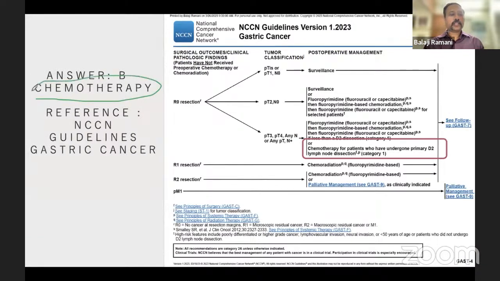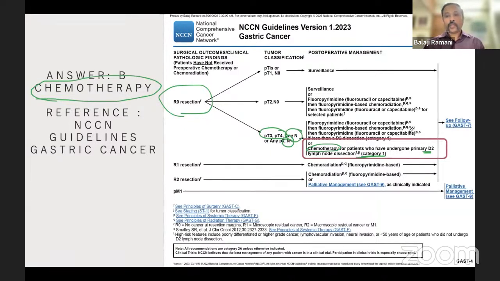The option is chemotherapy. Why? Because whenever a patient undergoes an R0 resection and is node positive, or if it is a T3 or T4 tumor, and a D2 lymph node dissection is done, then chemotherapy is going to be a category 1 recommendation.